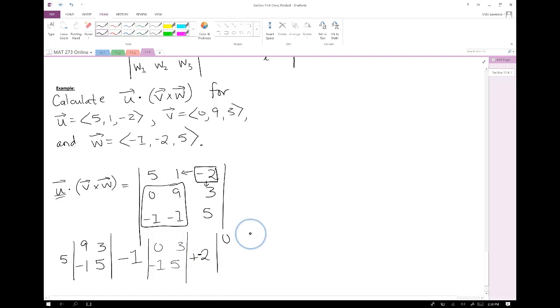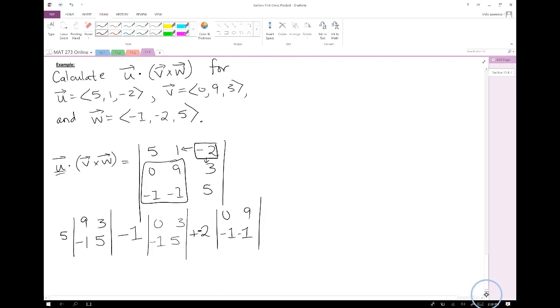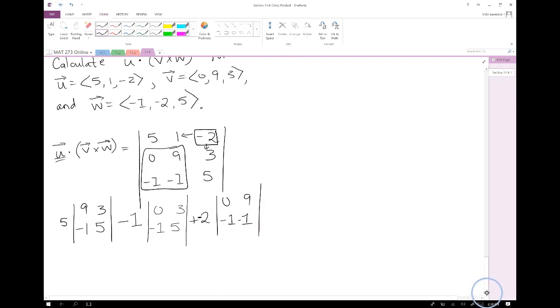And our 2 by 2 matrix is 0, 9, negative 1, negative 1. And then we have to do those 2 by 2 determinants. So I get 5 times 45 minus negative 3, minus 1 times 0 minus negative 3. Plus a negative 2 is the same as a minus 2, and that would be 0 minus negative 9.